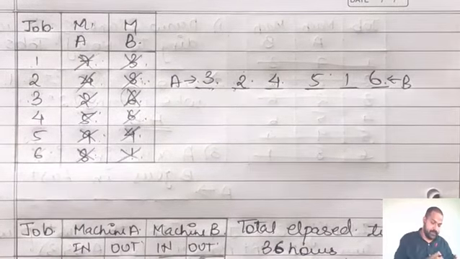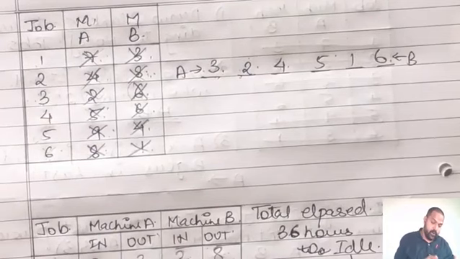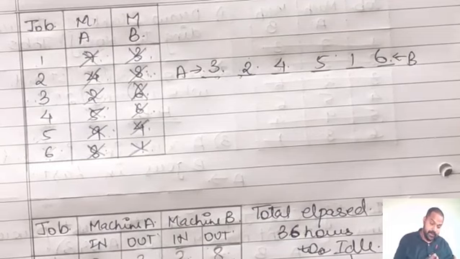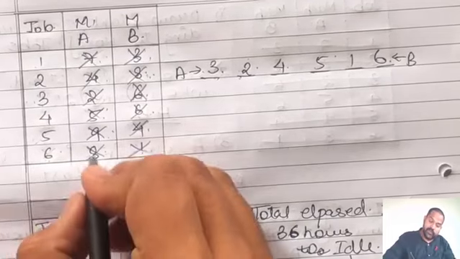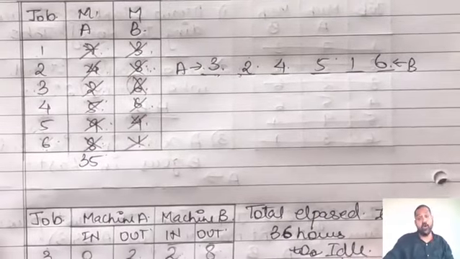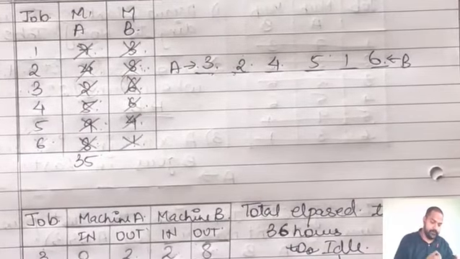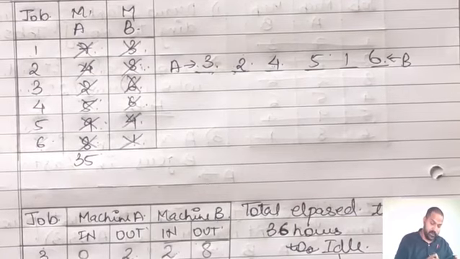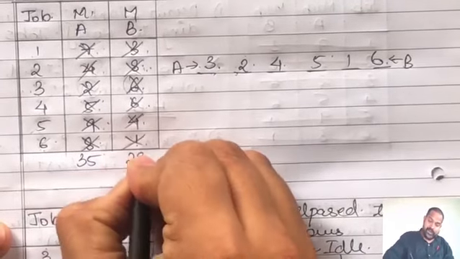So it is 7 plus 4 plus 2 plus 5 plus 9 plus 8, a total of 35 hours is the total job timing required on A. What about B? 3 plus 8 plus 6 plus 6 plus 4 plus 1 is a total of 28 hours.